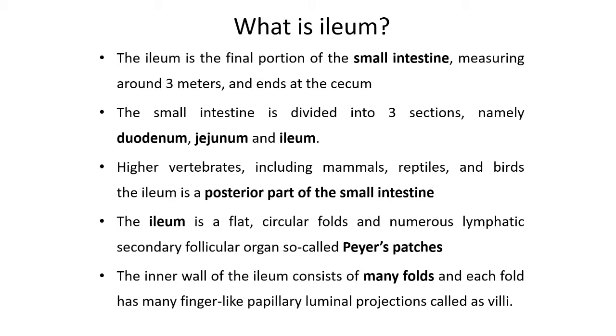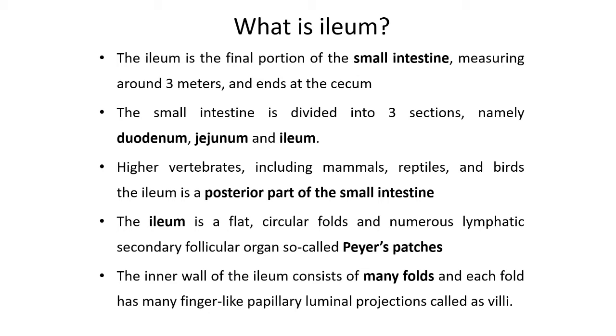It is a tube-like structure in which the digestion as well as absorption takes place. Ileum is about 3 meters long and it starts from jejunum and ends at cecum.